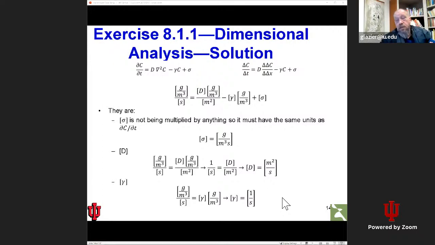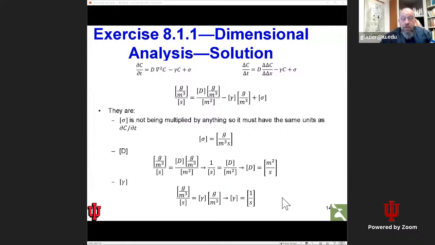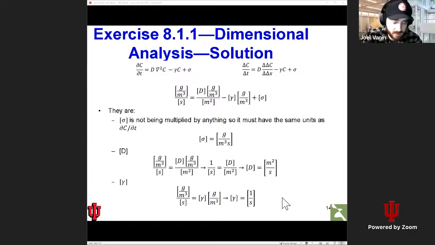What's the unit of distance in this world? Meters. So I have L, which is the distance, and it has units of meters. So I have an extra variable, an extra parameter to play with, which has units of meters. And just a question, L is defined as the square root of D over gamma, right? That's what we saw before.